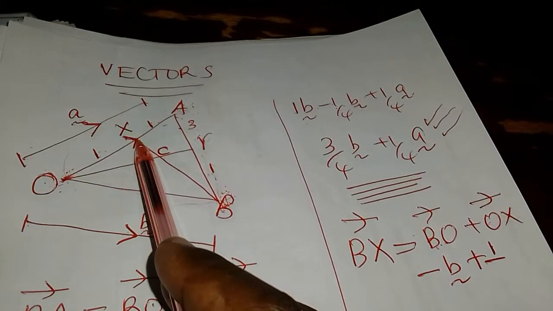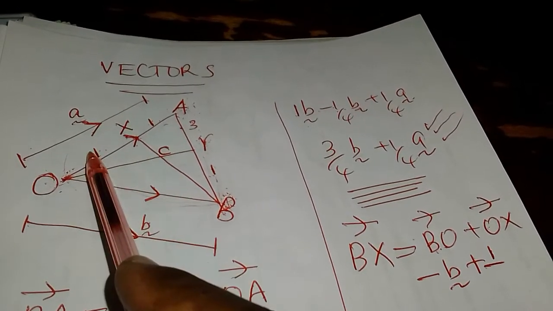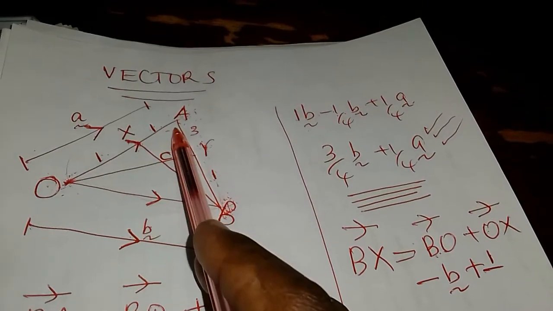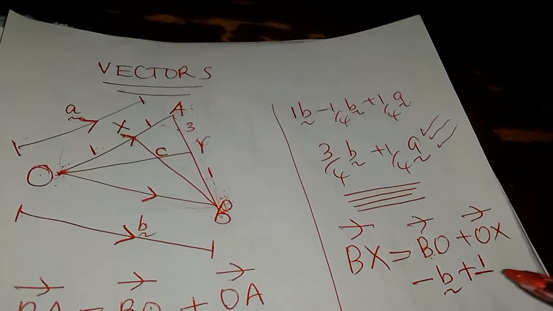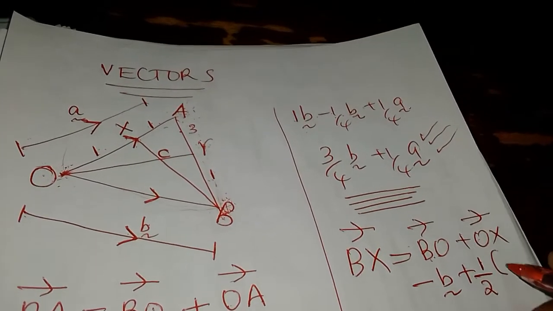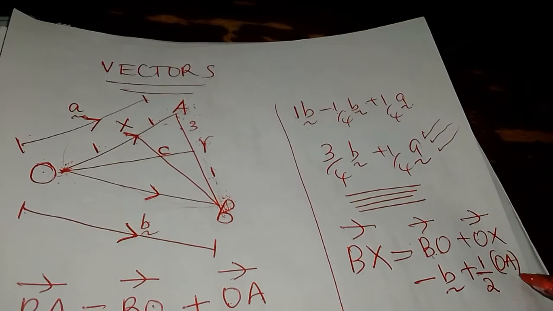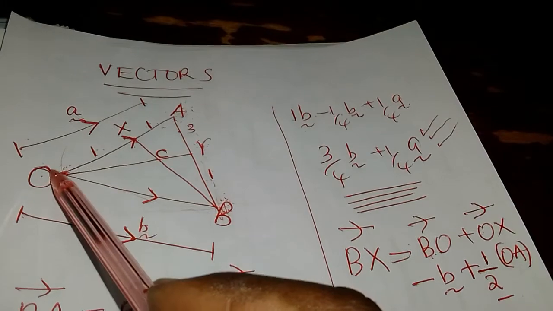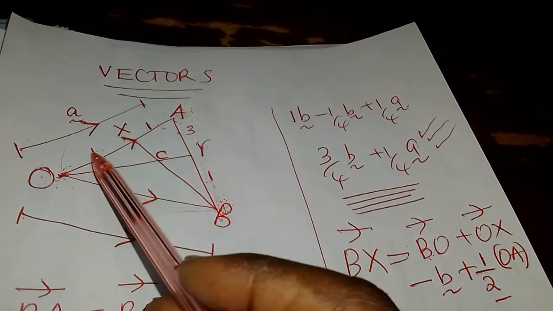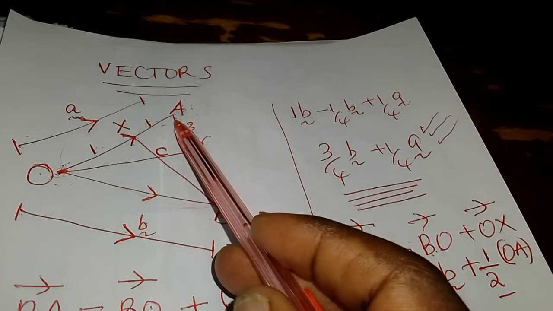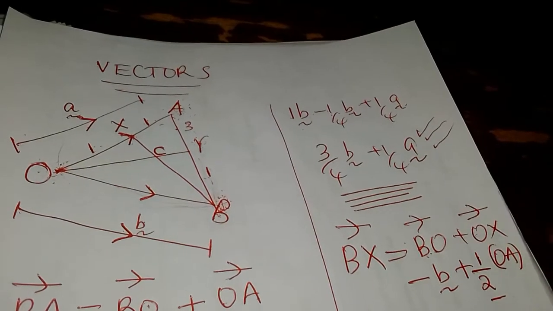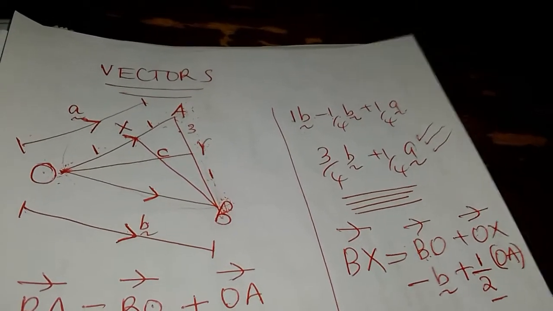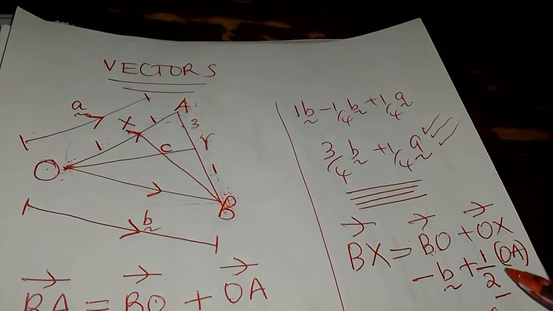X is the midpoint, so that means 1, 1. So I'll say 1 over the total, which is 2, into OA, the whole vector. So I'm going to have negative B vector plus a half into OA.